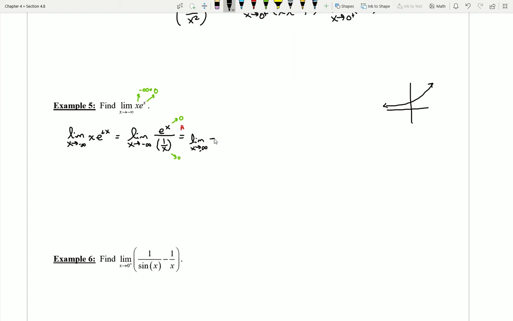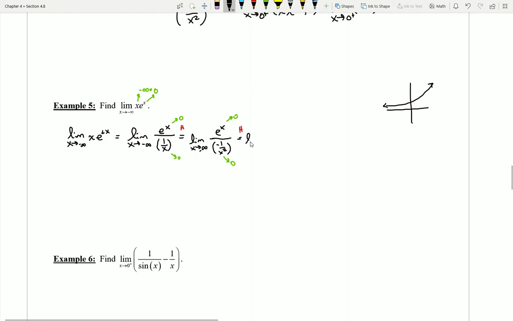Because the derivative of e to the x is just e to the x, and the derivative in our denominator is negative 1 over x squared. And I can see that, again, I'm going to have a form of 0 over 0. And so I could start thinking about taking L'Hopital's rule again and again and again if I wanted to, because there's no other way that I can really simplify this to make this any cleaner.